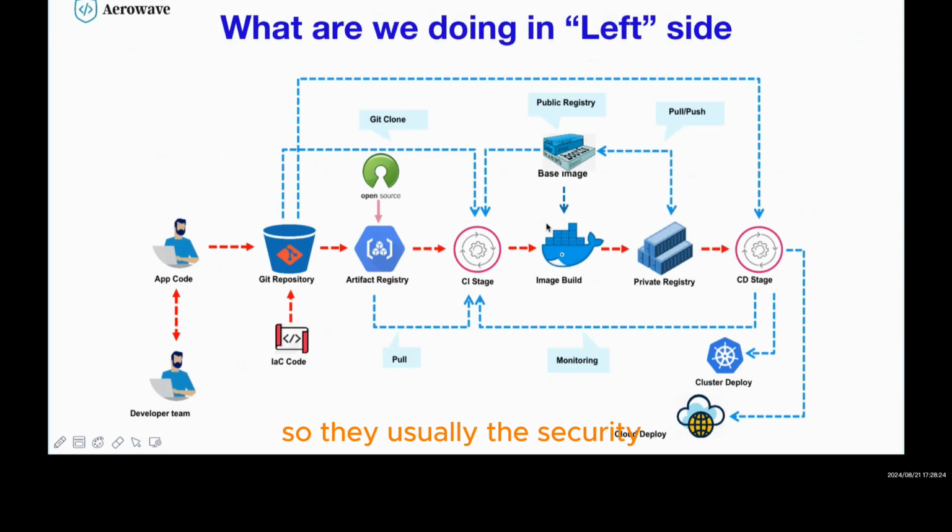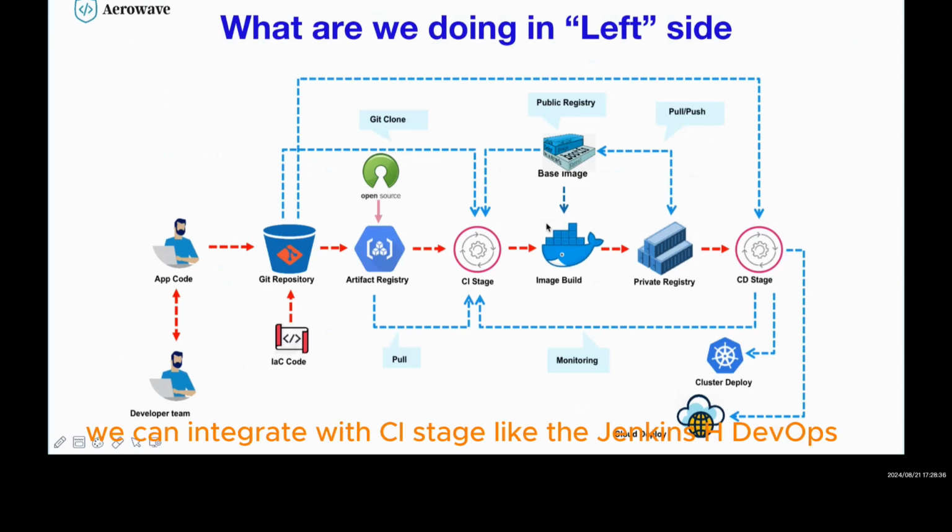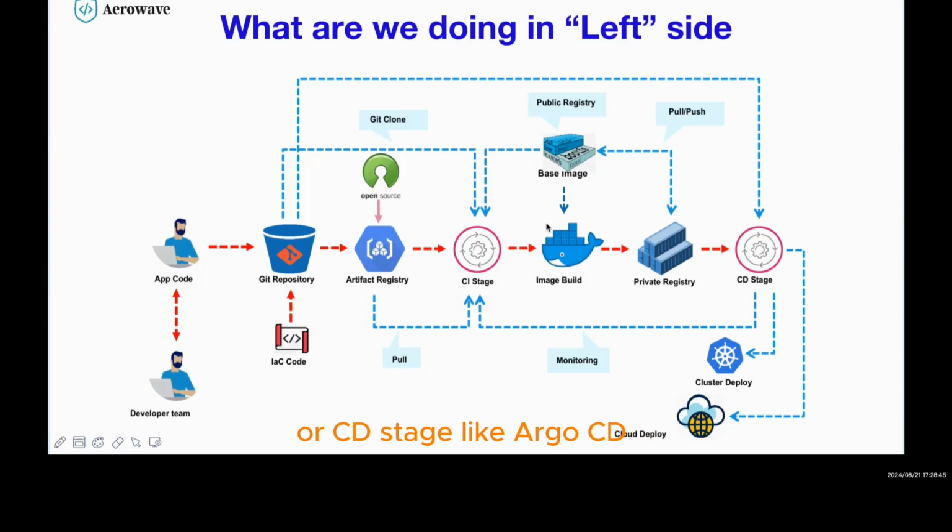Security can integrate with the pipeline at multiple different stages. For example, from the developer's local machine, from the Git repository, with the CI stage, like Jenkins, GitHub, or AWS DevOps, or with the private registry or CD stage, like Argo CD. So we can integrate with every stage in the pipeline.